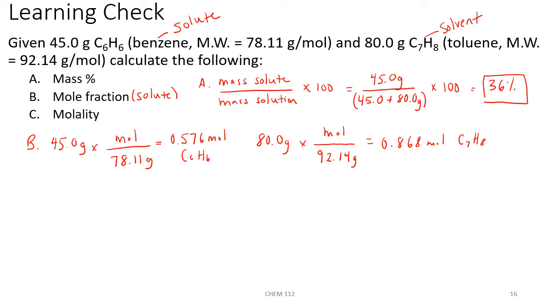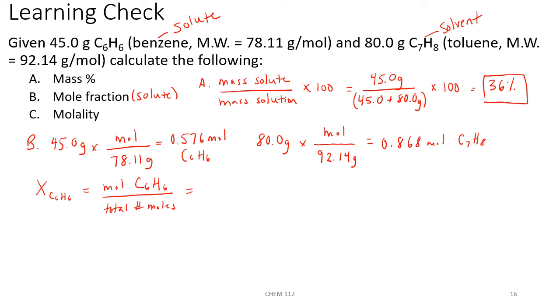C7H8. To calculate the mole fraction of our solute, or X sub C6H6, that will equal the moles of C6H6, or benzene, over the total number of moles in our denominator. So we're going to have moles in our numerator and moles in our denominator, and therefore they will cancel one another, and this will be a unitless quantity.